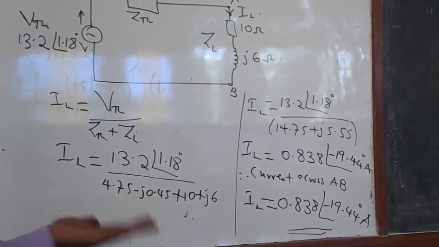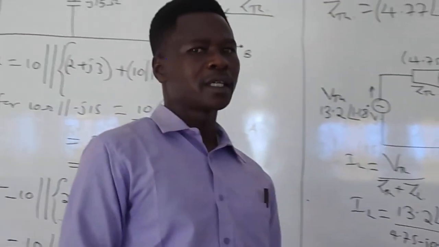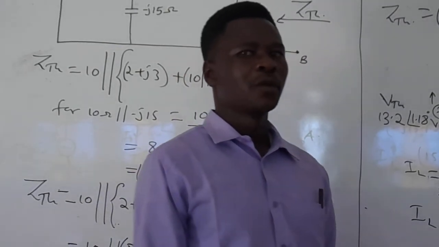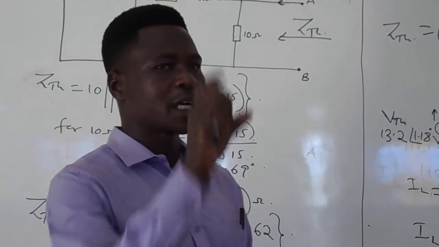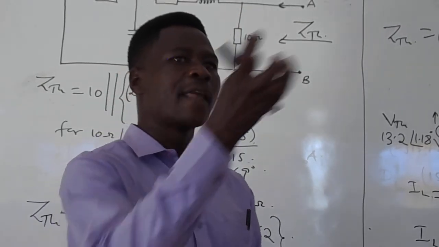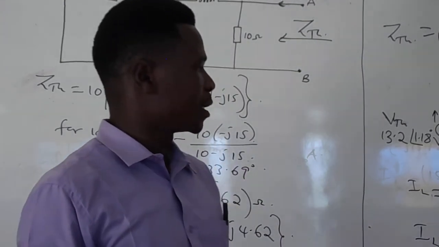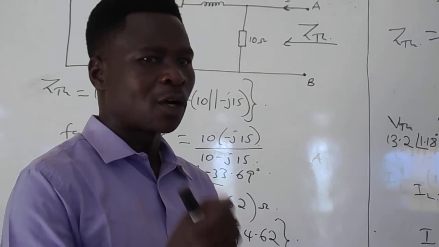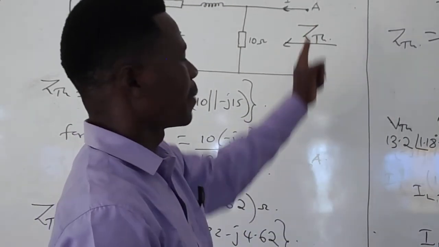Basically, if you look at what we have just gone through here, it is a three-step process whereby we get the Thevenin's voltage, that is the voltage across terminal AB when the load is removed. Then in the next step, we obtain the Thevenin's impedance, which is the internal impedance of the circuit, looking back into the circuit from the terminal AB.